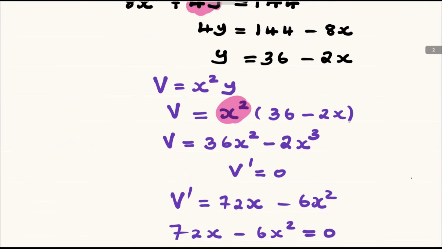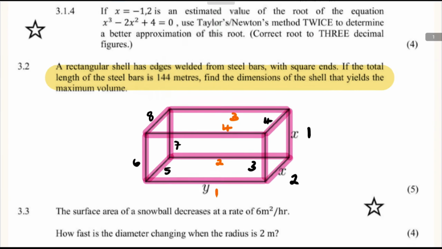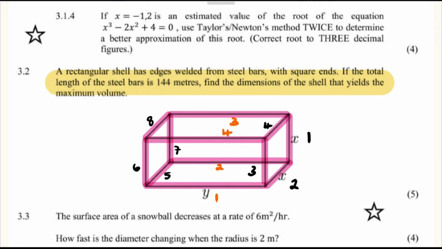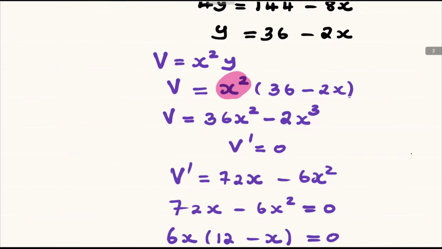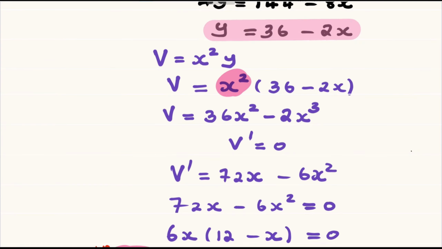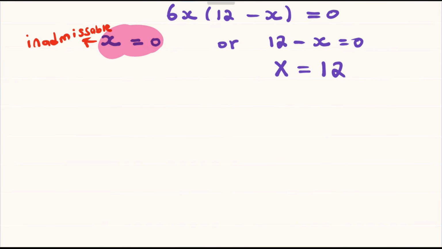So they said dimensions, and we had x and y as our dimensions. So the other dimension that we have to determine is that y. So let's copy and paste.